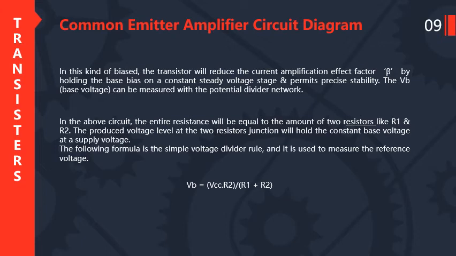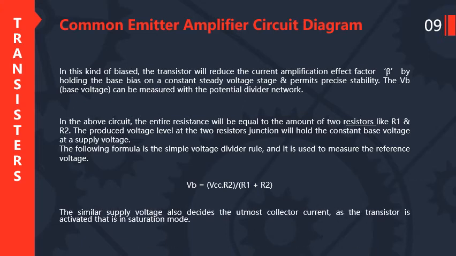Where VB is called the base voltage, VCC is called the common collector voltage, and R1 and R2 are the resistances. The similar supply voltage also decides the outermost collector current, as the transistor is activated, that is, in saturation mode.